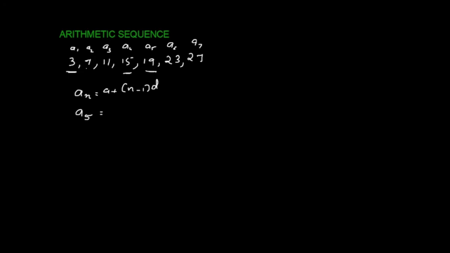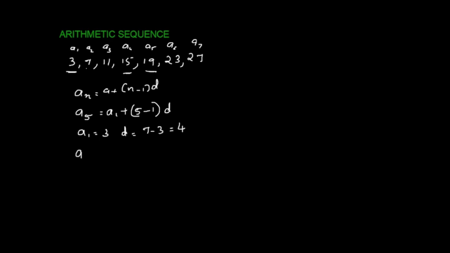So a5 is equal to a1 plus 5 minus 1 into d, where d is the common difference. What is a1 here? The first term is a1, that is 3. What is the common difference here? d is equal to 7 minus 3, which is 4, right? So a1 is 3 and d is 4.